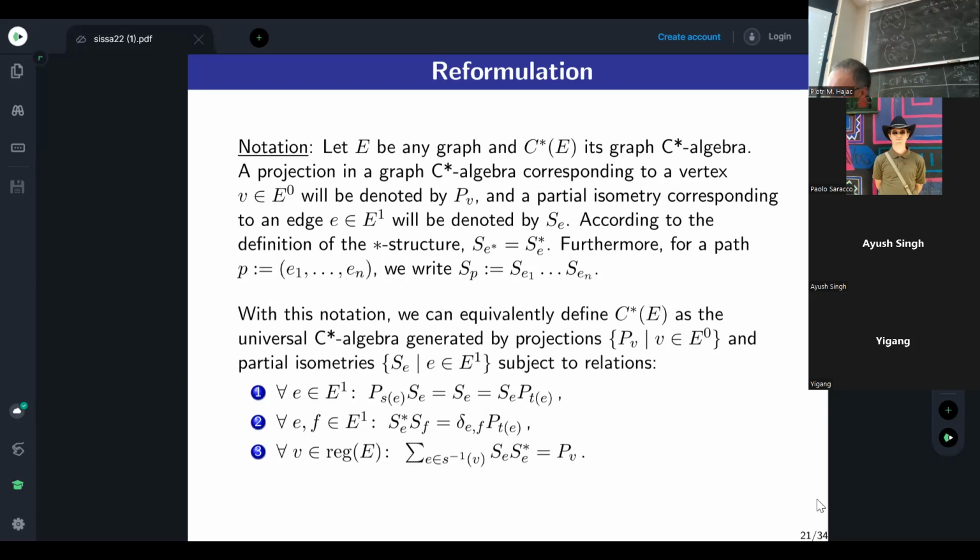Oh, generated by, yes, so it should be added here by orthogonal projections. I forgot this word, right? Well, if V is different from W, then PV times PW is 0. Right? The usual thing, yeah.